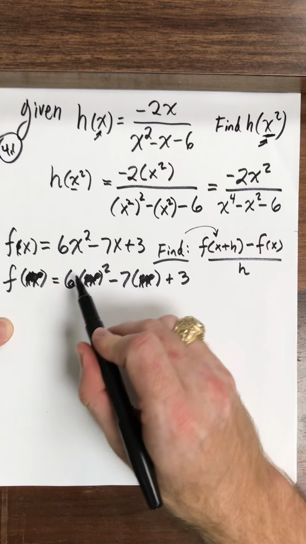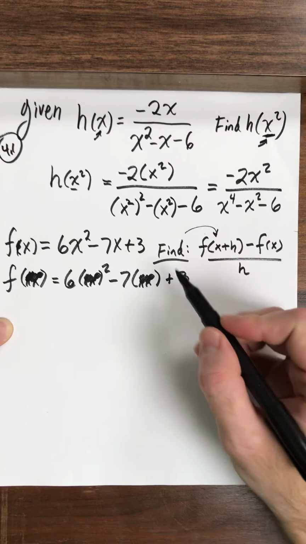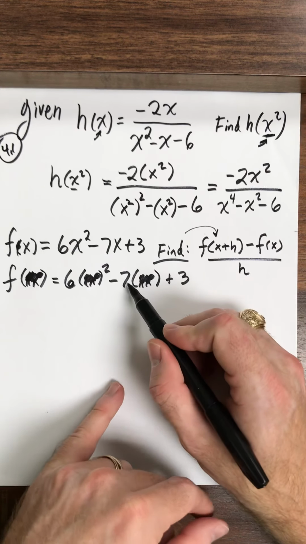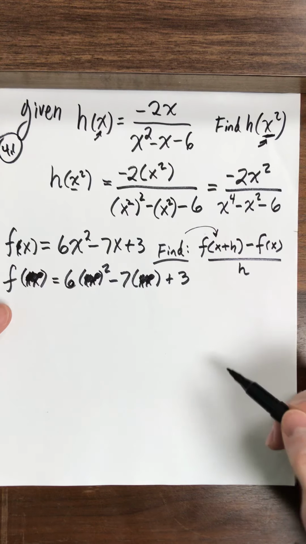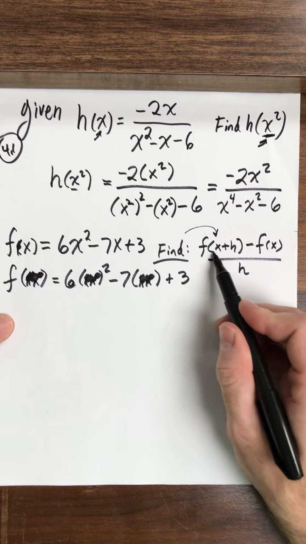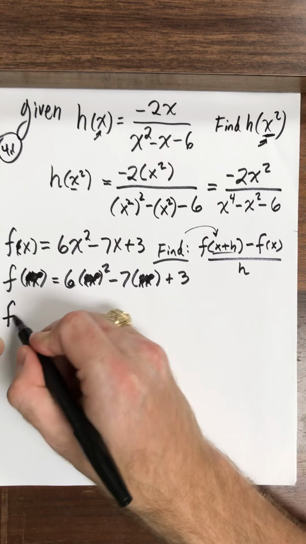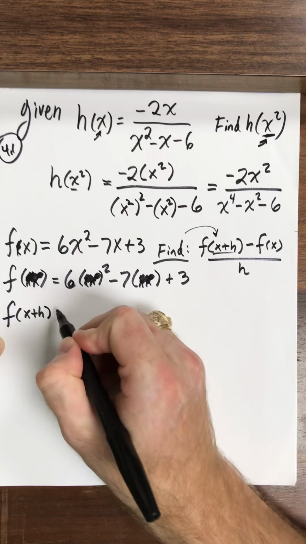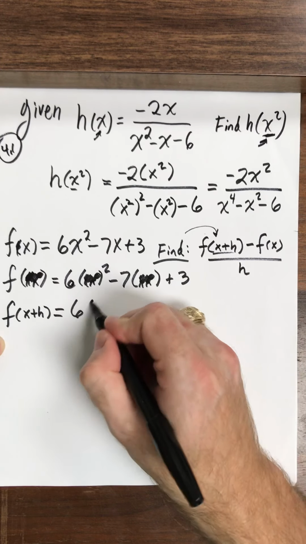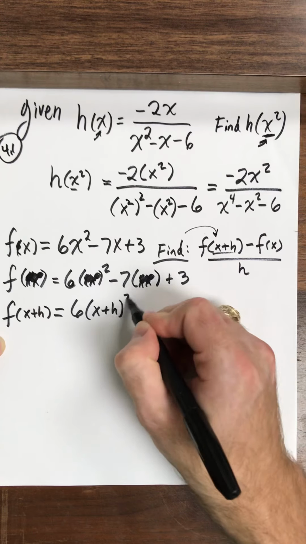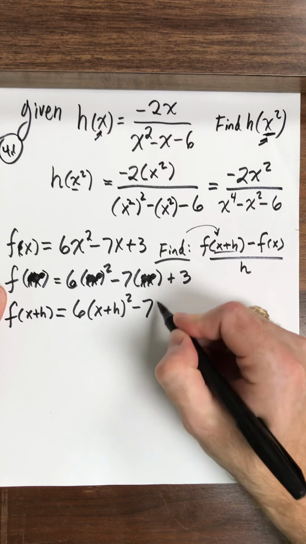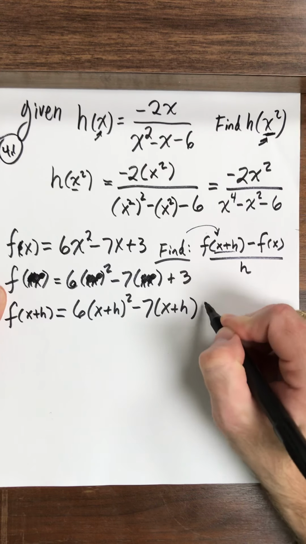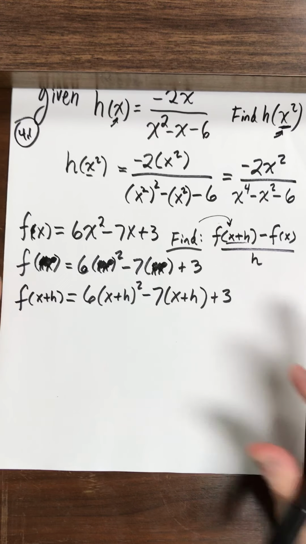I take my dog, I multiply by 6, and I square it. And I subtract 7 times the dog, and then plus 3. So instead of the dog, we have x plus h. So f of x plus h is equal to 6 times x plus h squared, and then we've got minus 7 times x plus h plus 3.